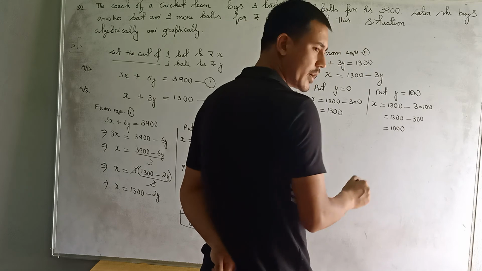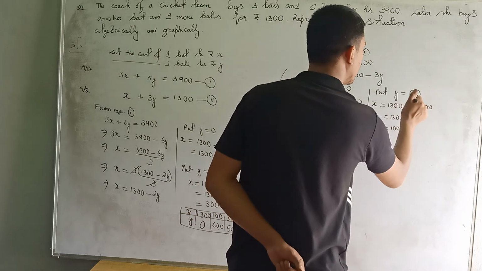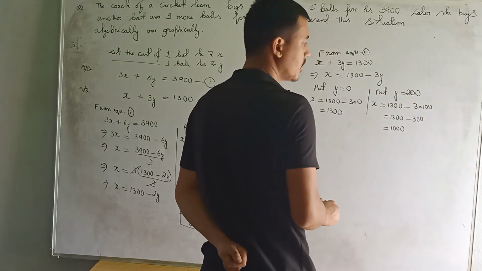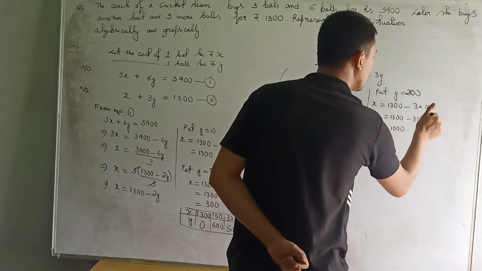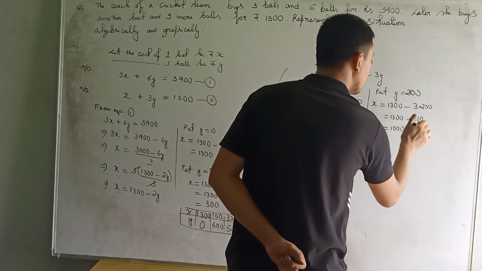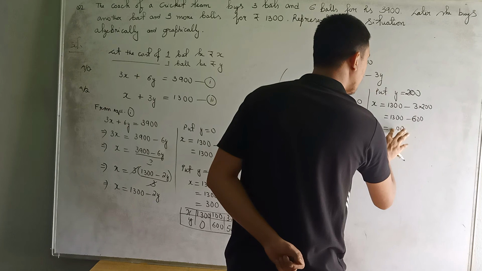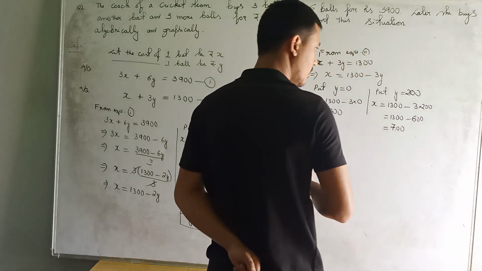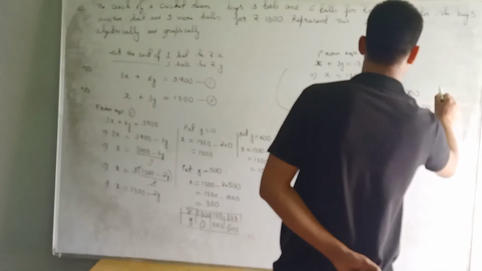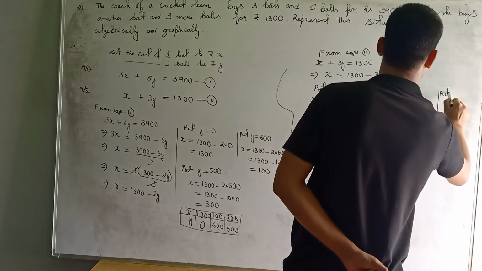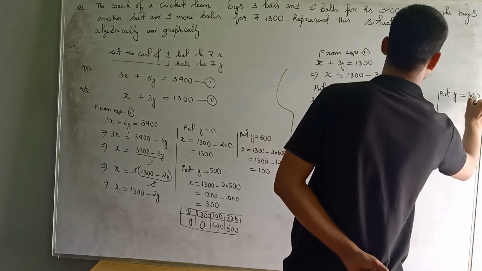If you think it is too large, then you can go for 200. Then 3 into 200 will be 600. So you get 700. Now you can go for y as 300 then.